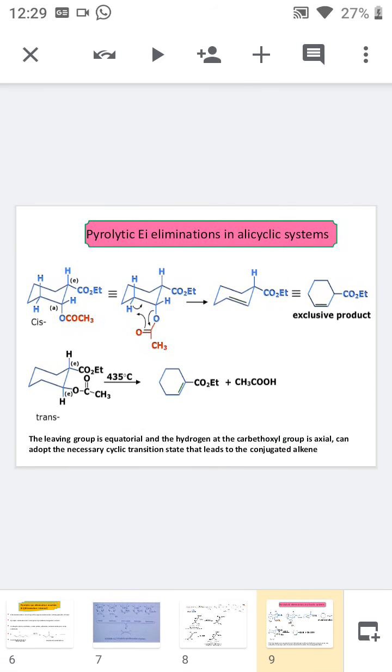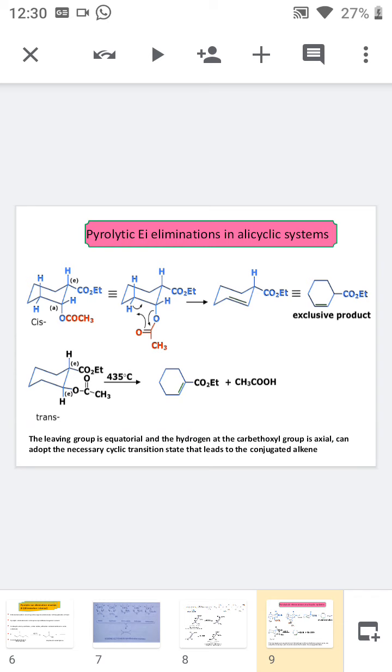But if our starting material exists in the trans position, see here I have represented the trans position at the bottom of the slide, in which OCOCH3 exists in the equatorial position, and both hydrogens are in the axial position.